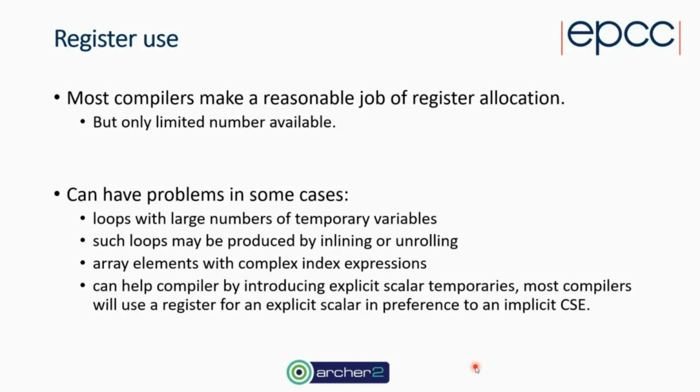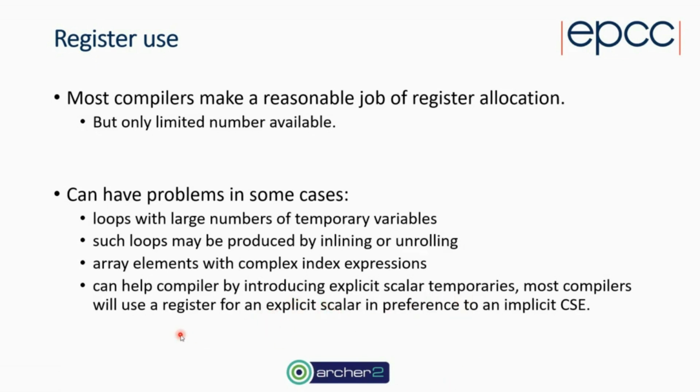If you end up with loops with a large number of temporary variables in them, loops that have been inlined or unrolled, so some of the optimizations the compiler does itself, or you may do for it, can produce this. Array elements with complex indexing expressions, and these kinds of things, can give you register pressure, which may slow down your pipeline because the processor says, well, I'm going to have to wait until some of these instructions are finished to clear out these registers before I can get new data in.